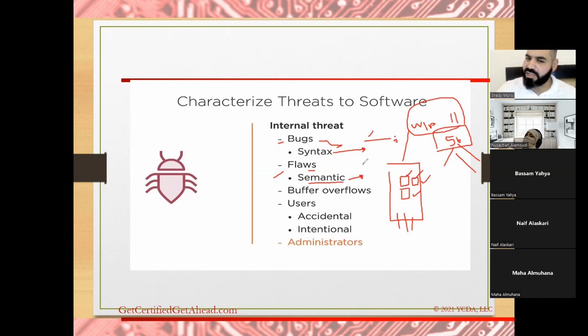But flaws are semantic errors. Let's say you create a variable that is expecting an integer of 8 digits, and you allow someone externally to input 10 digits into a variable which was supposed to hold 8. They call this a buffer overflow attack.